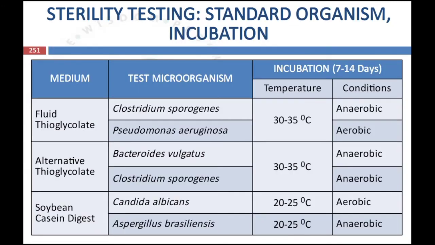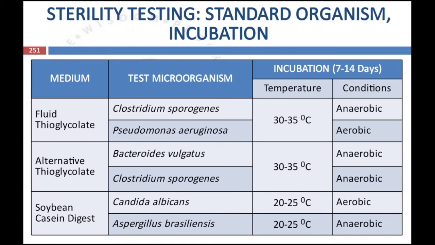Now coming to the different microorganisms and incubation times for the different culture media, and the organisms which are used for control of the sterility testing. For fluid thioglycolate media, we will use positive controls by giving microorganisms like Clostridium sporogenes and Pseudomonas aeruginosa, with an incubation temperature of 30 to 35 degrees Celsius. Clostridium sporogenes is an anaerobic microorganism, and Pseudomonas aeruginosa is an aerobic microorganism.